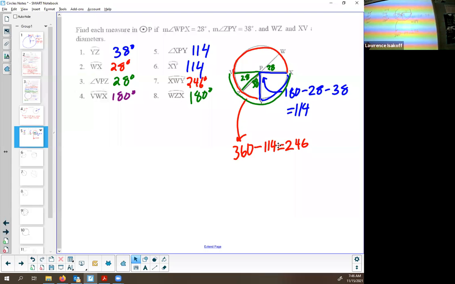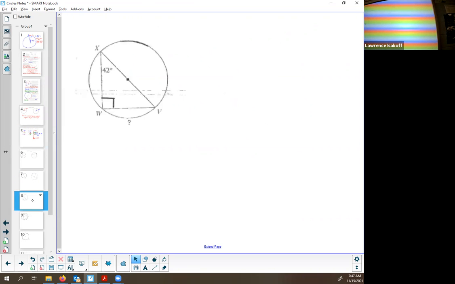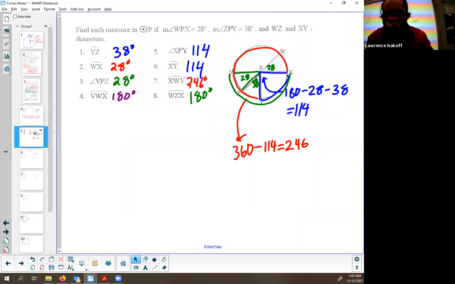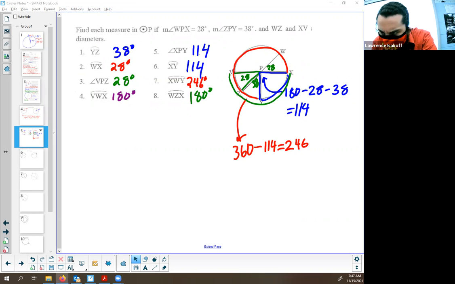Okay, let's take a look at the next one. Did I not put another page? I thought I had another page of examples. Let me double check my blank notes. I posted online. Something might have happened there. Yeah, that's what I thought.